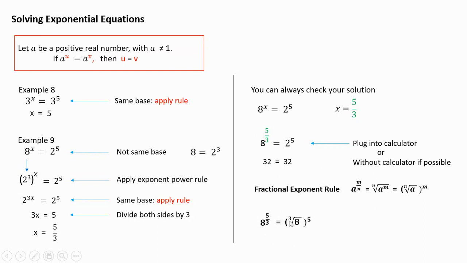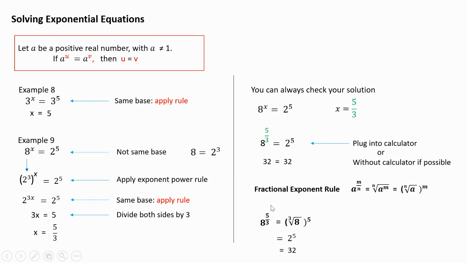Now you can evaluate: the cube root of 8 is equal to 2. Why 2? Because one number multiplied by itself 3 times will give you 8, so it's 2. And then the 5 just comes down, and 2 to the fifth power will equal 32, because 2 times 2 times 2 times 2 times 2, 5 times, is 32.